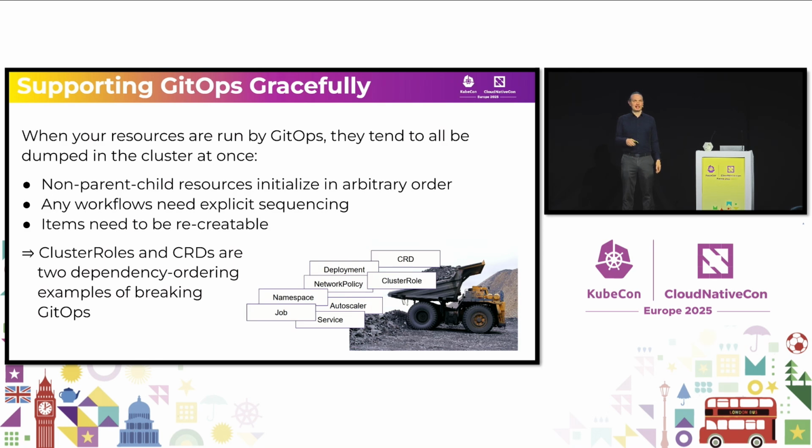Job is another example from the Kubernetes API, where you try to create a job and it already exists, and it's like, I don't know what to do. I don't know how I would have designed it differently, but if you can, try to build your system so that when you GitOps things in and you just throw a bunch of stuff in there, it works no matter what order you apply the resources. And this is a think hard type of thing. Sorry.